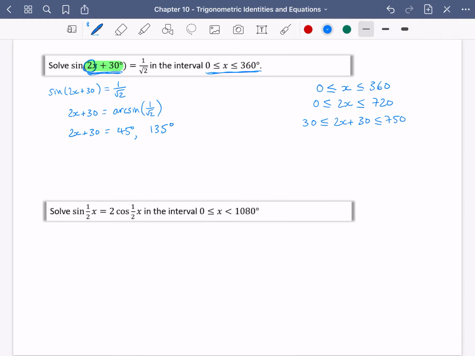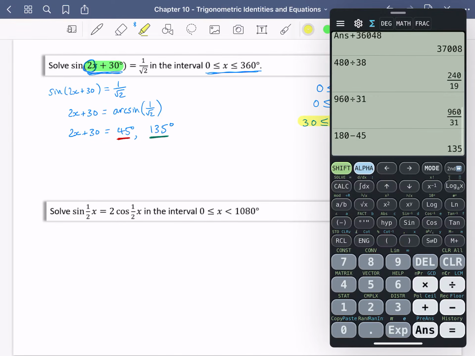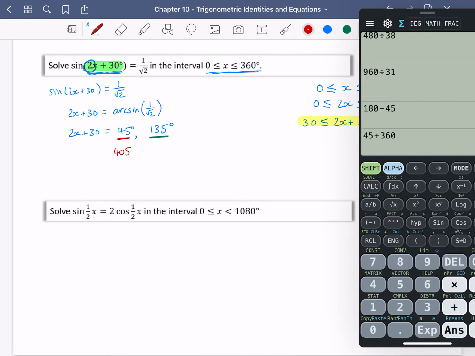And we're going to do the same process as before of taking this one and adding 360 to it. And then we're going to take this one and adding 360 to it. But we're going to be paying attention to this range that we have over here. Okay? So no point in taking away 360 from either of these. I'm going to start off with my 45 and add 360 so that I have got 405. And I need to stop when I get to 750.